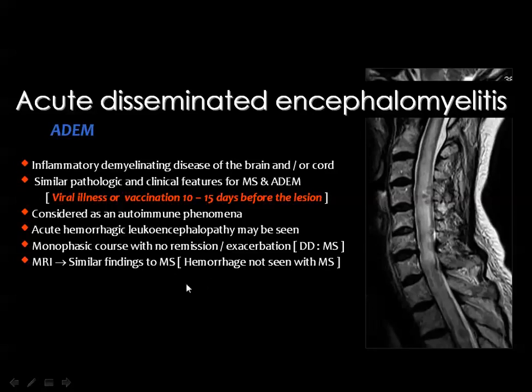Then the presence of recent viral illness or history of recent vaccination within 10 to 15 days before the appearance of the symptoms and the appearance of the lesions in MRI is suggestive of acute demyelinating encephalomyelitis.